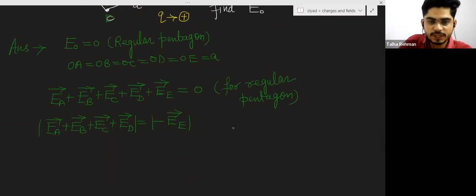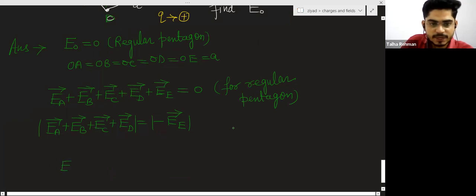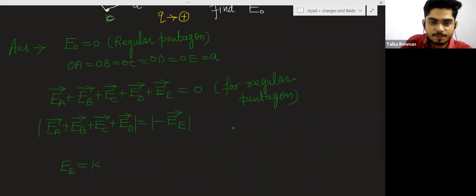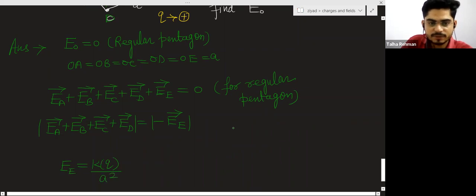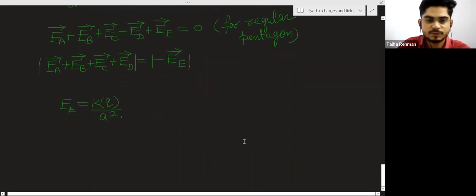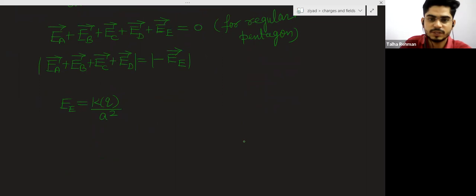This is equal to EE, and the electric field due to the charge at E will be equal to K times a positive charge Q placed there, divided by A square. So this is the answer: EE is this.